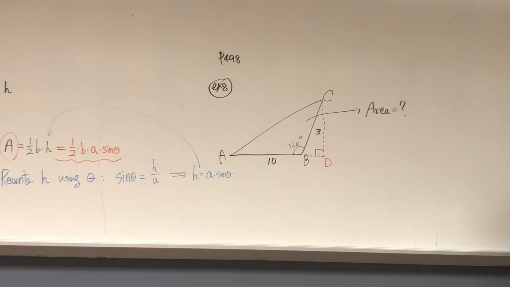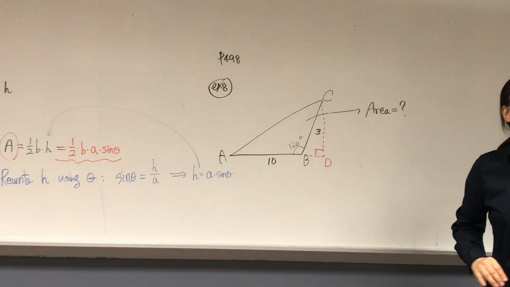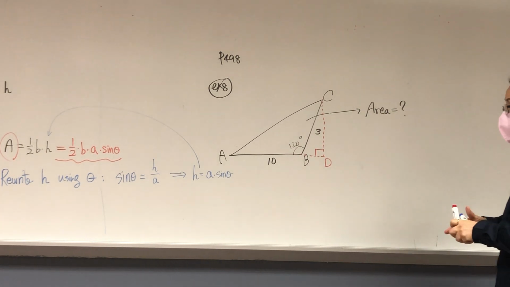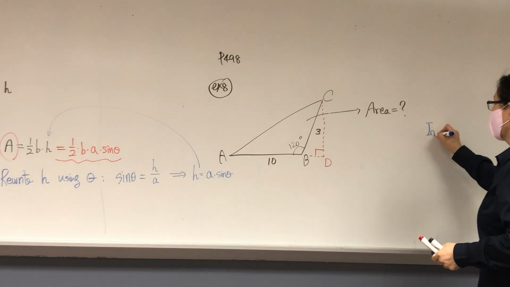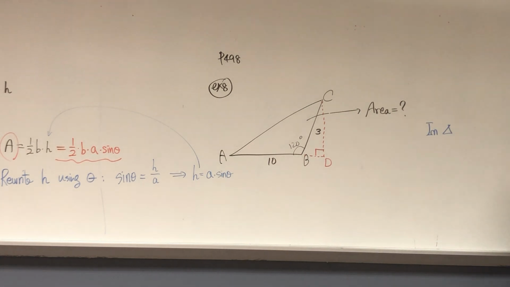And then, how can I use sine, cosine, tangent in which triangle? In triangle BCD. Good. What do you need to know?